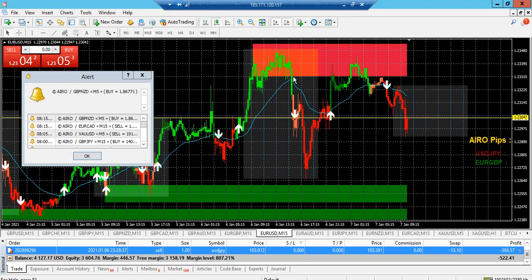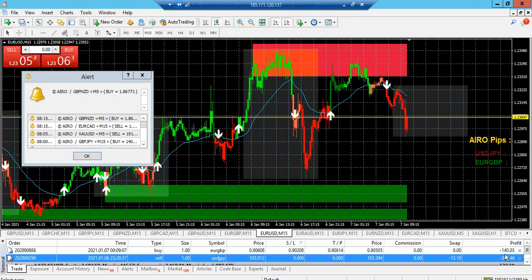So we'll be able to place just two trades. Already two trades are running, and they're running on the standard lot. I used 20% of my account to place these two trades.